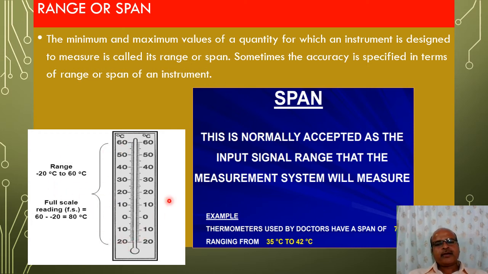So span is normally accepted as the input signal range that the measurement system will measure. For example, thermometers used by doctors have a span ranging from 35 degrees Celsius to 42 degrees Celsius.